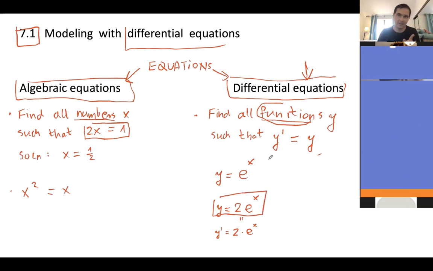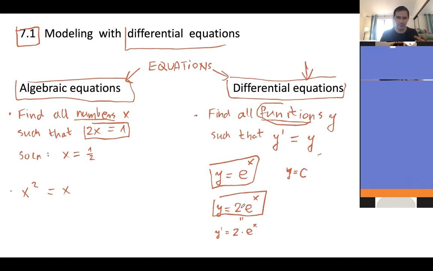Could you give me another example of a function that is a solution of this differential equation? One function was e to the x, and then we checked that y equals 2 times e to the x is also a solution. Could you give me one more example of something that is a solution of this? See, if you consider this function y equals, take any constant c.